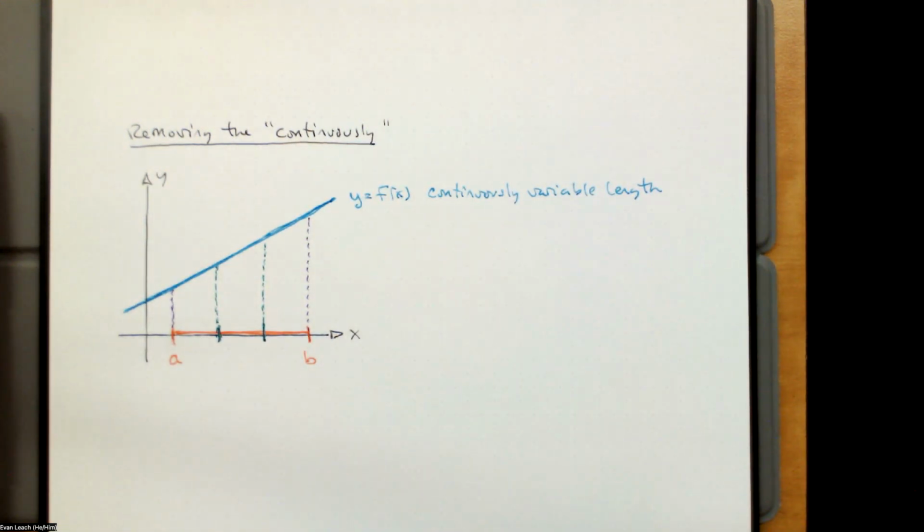So our strategy is going to divide the width, the interval from A to B, into 3, in this case, subintervals. And then instead of having that variable length, I'm going to make it flat.